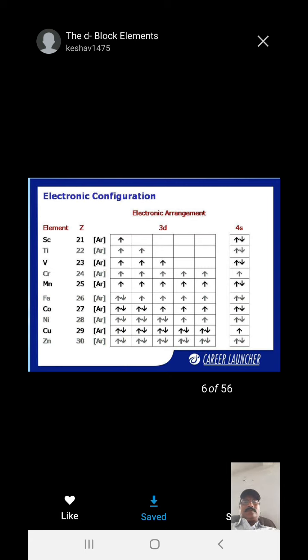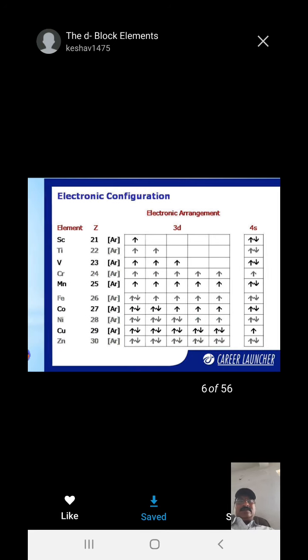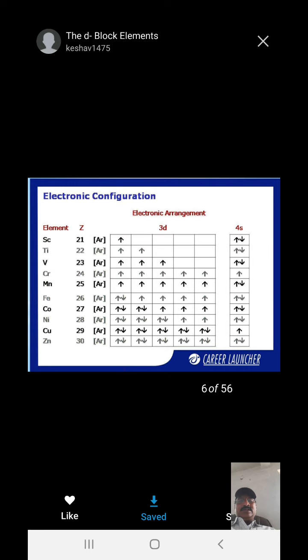Like that, titanium, vanadium, chromium, manganese, iron, cobalt, nickel, copper. In case of zinc, observe carefully here, the last electron entered in 3d orbital, so it is also a d block element, but it is not a transition element, because here the 3d shell is completely filled.